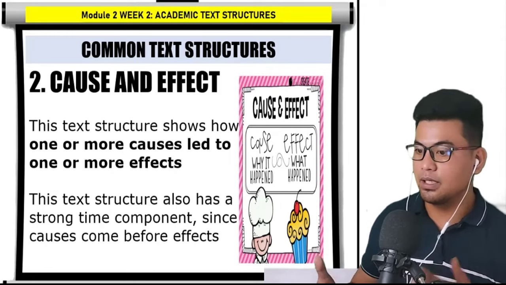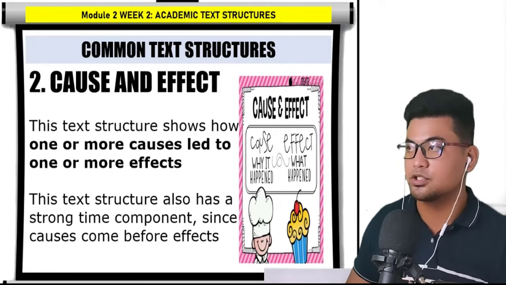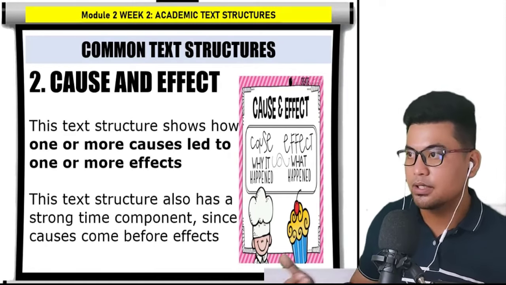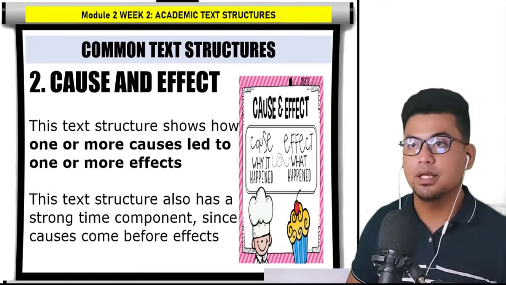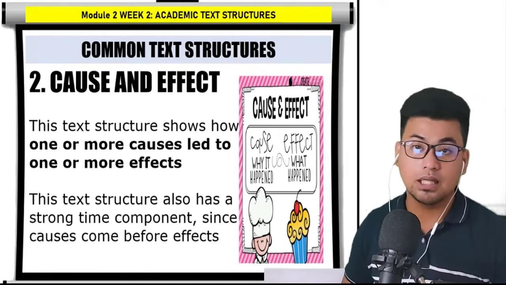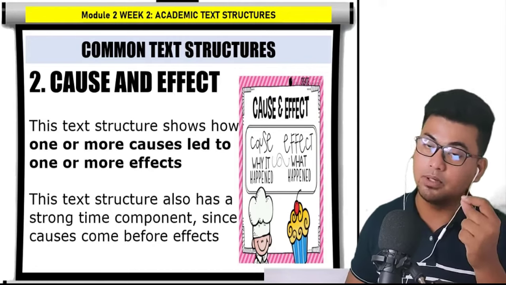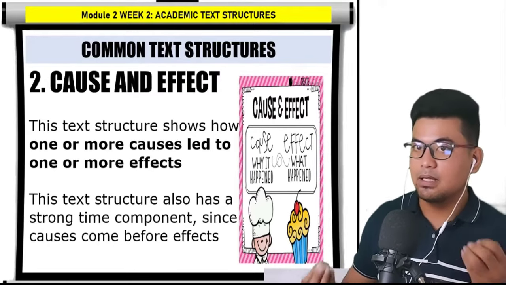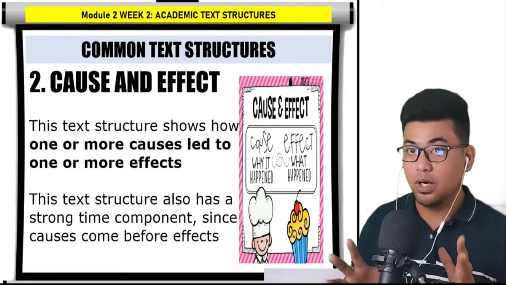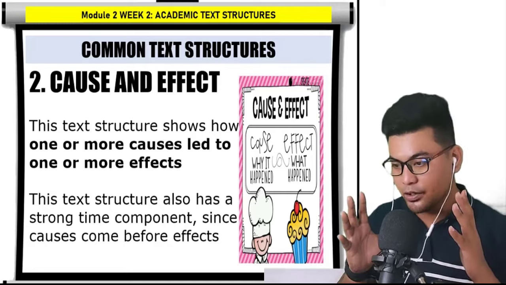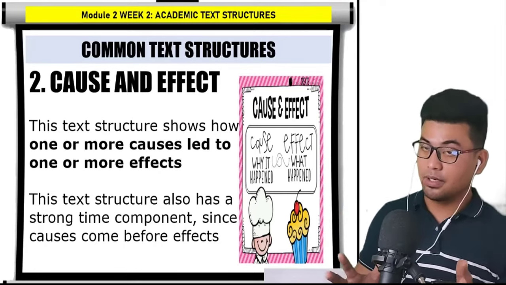Okay, so commonly, this is also a common text structure that we can find more in research, in a narrative or storytelling. So this structure also has a strong time component, like days and years. There's no such thing as one common text structure in a paragraph or in a book or in a story.